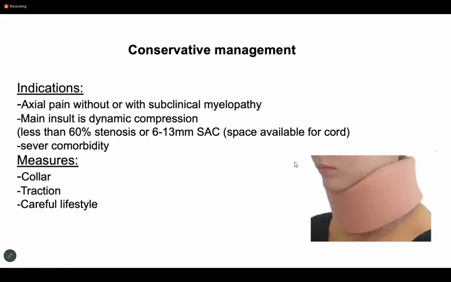Conservative treatment is normally indicated for patients with no symptoms, or with subclinical myelopathy, meaning no dynamic compression, I mean less than 60% stenosis, or sometimes a bad condition, for example, severe comorbidity. Some conservative techniques are collar traction or changing lifestyle.